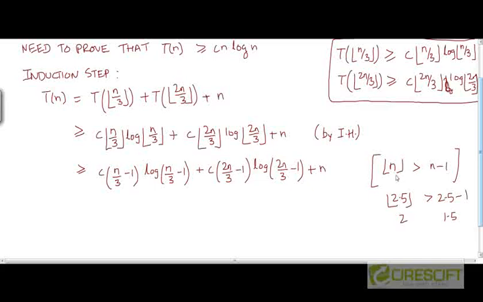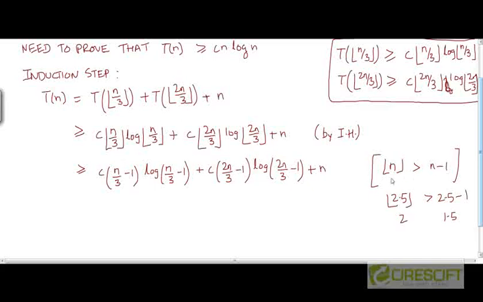So this is of course trivially true if n is an integer itself, because n will be greater than n minus 1. But even if n is a fraction above some integer, by subtracting 1 from n, you will fall below the floor of n. And so this is true.